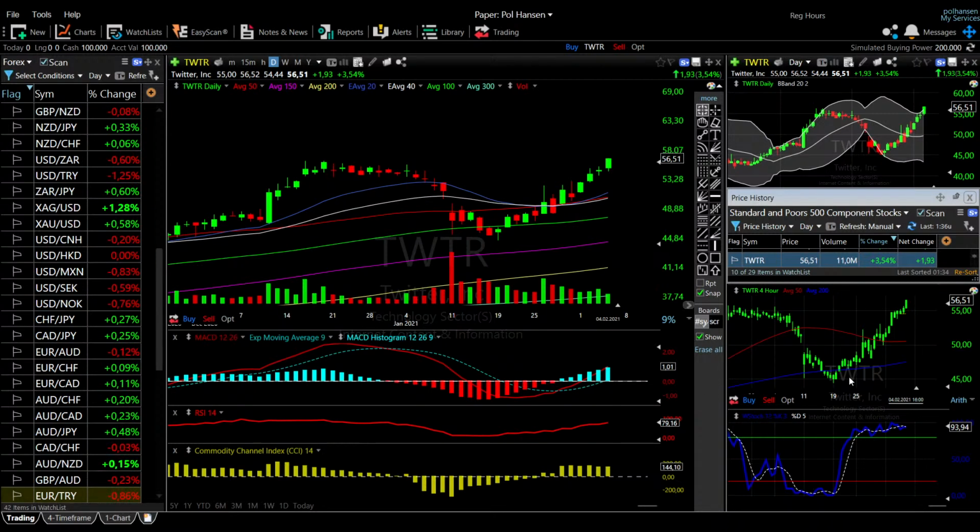So you should pay attention to, for example, the stochastic. It is still above the green line here, and therefore it is still bullish. It could mean that we have an additional day to the upside, and then people will start selling. But this will definitely be a stock that I will be looking at.